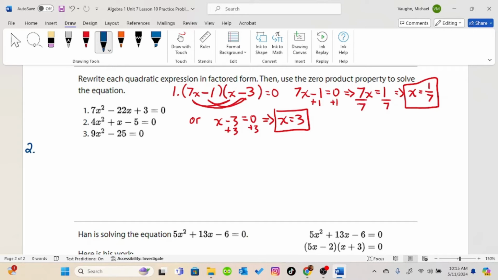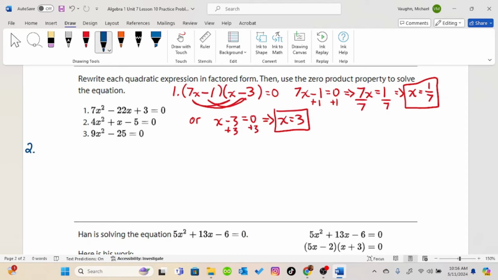I know that to create 4x squared, it can either be x times 4x or 2x times 2x. And I know that my numbers need to multiply to negative 5. And that can only be 1 and 5.